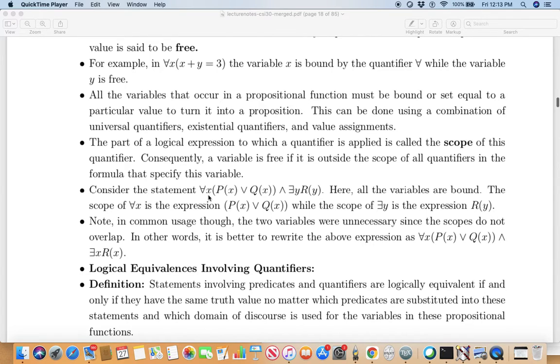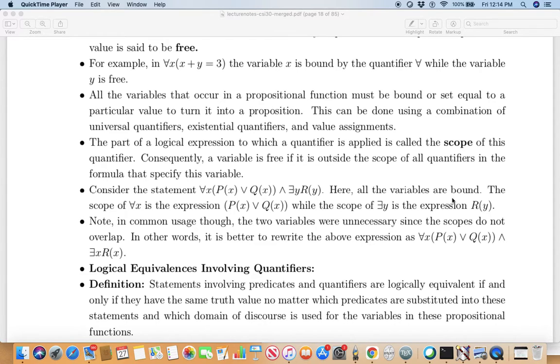Consider the statement for all x, p(x) or q(x), and there exists y, r(y). Okay, so in this proposition, x is bound by the quantifier for all, whereas y is bound by the existence quantifier. So there are only two variables, x and y.